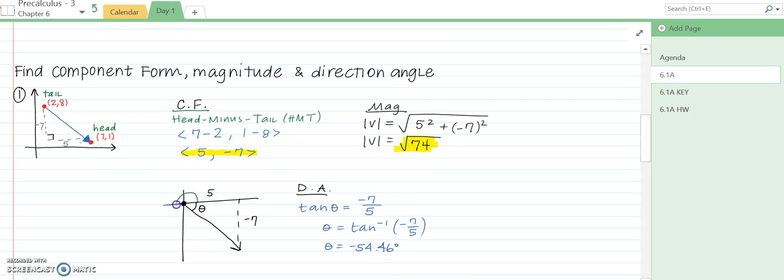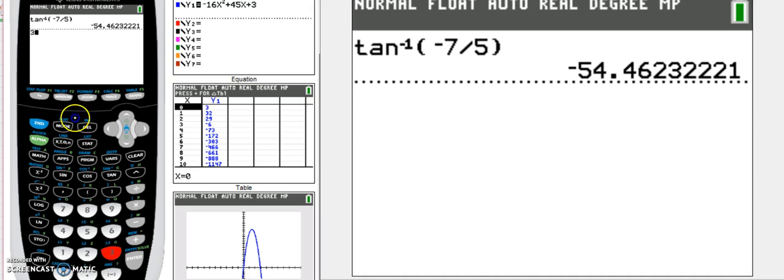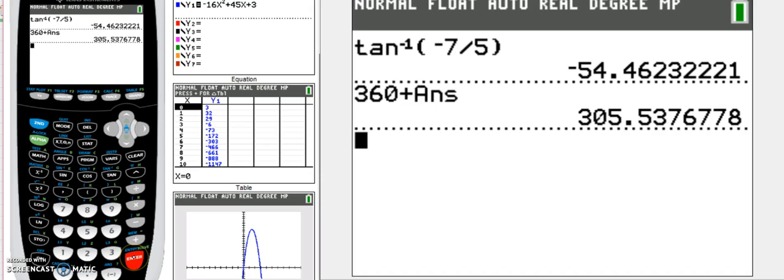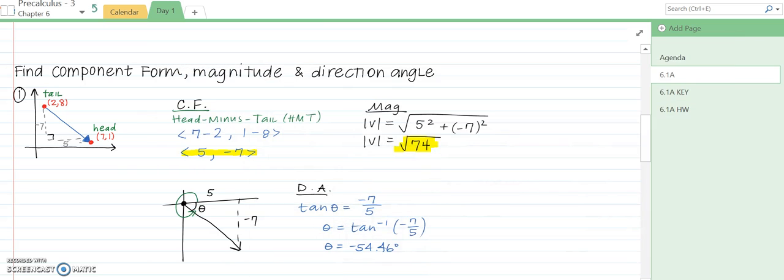You could also give me the positive, which means you're going to 360 degrees, just 54.46 degrees less. So you'd be at 305.54 degrees.